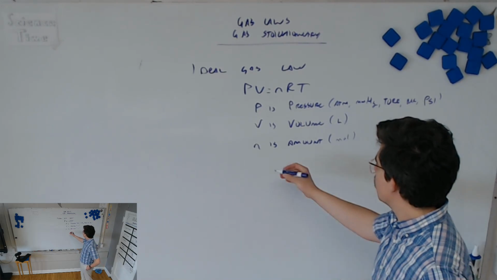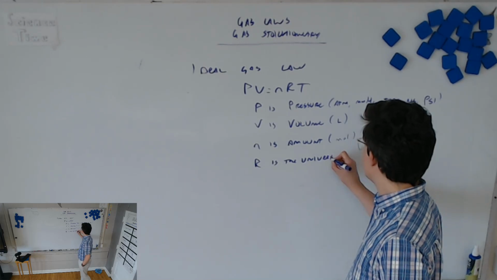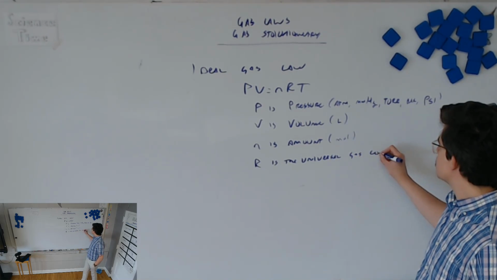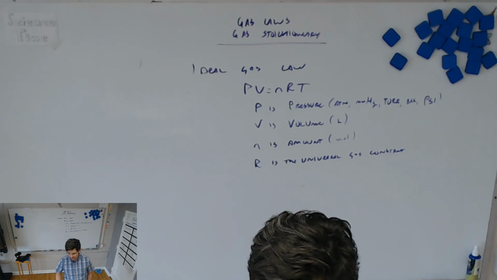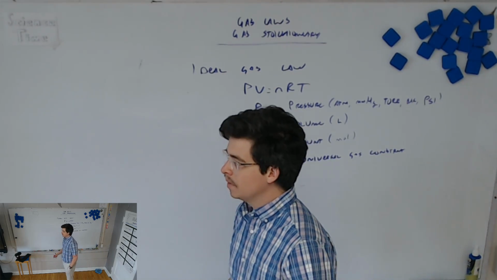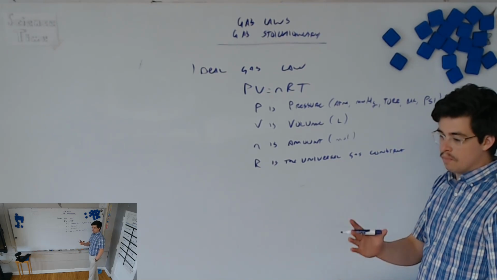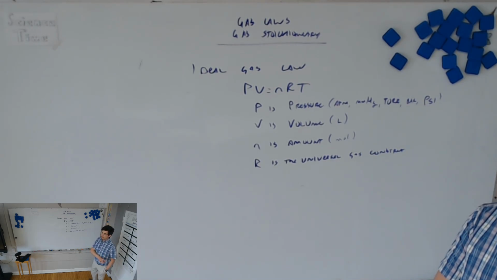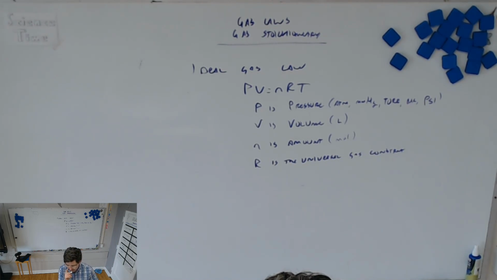R is what we call the universal gas constant. There's a table in your book, and there are tables online. If you type in universal gas constant, it'll give you all the information you need. Not only does this have a certain unit, which varies depending on what pressure unit and volume unit you want to use, but it also has a certain value based on those things. Turn to page 454.